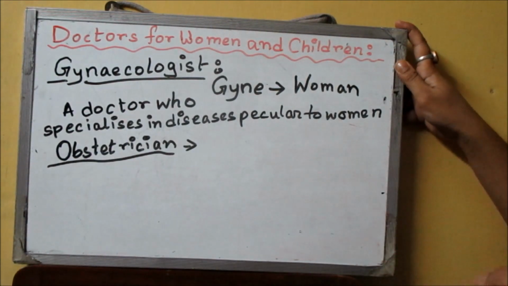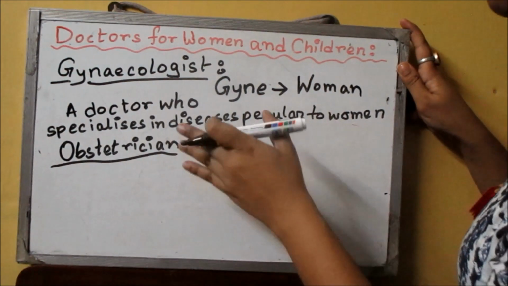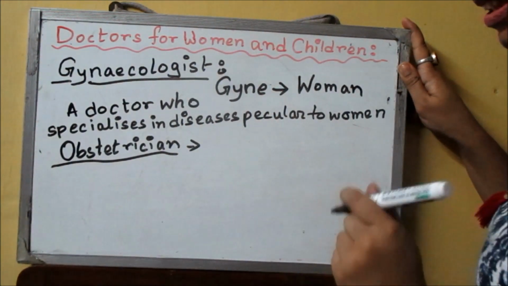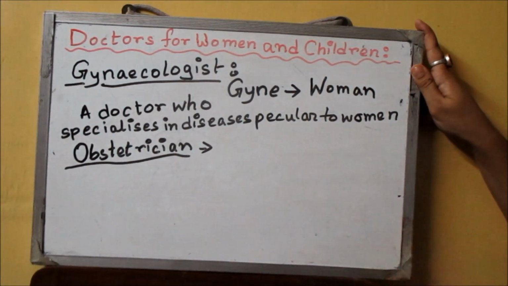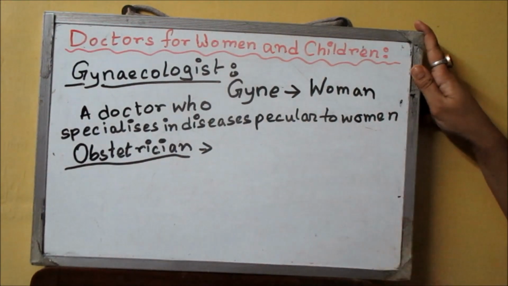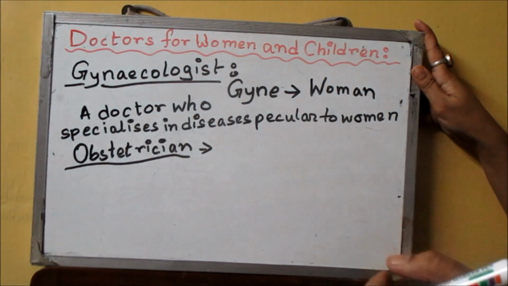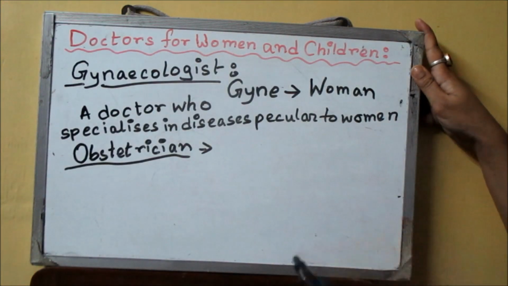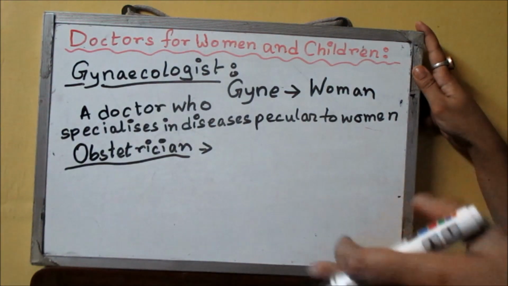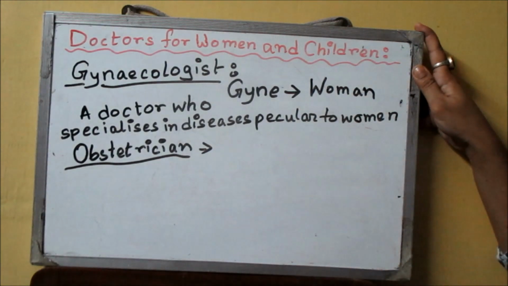An obstetrician is a doctor who is skilled and practiced in the study of obstetrics. Obstetrics generally deals with the study of a woman's pregnancy and the process of her childbirth and other surgery related to the abdomen, the lower abdomen especially.